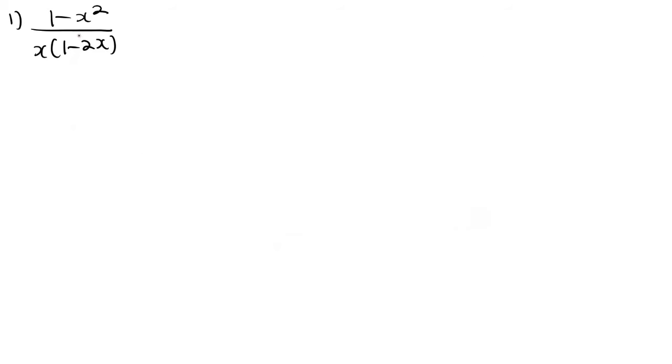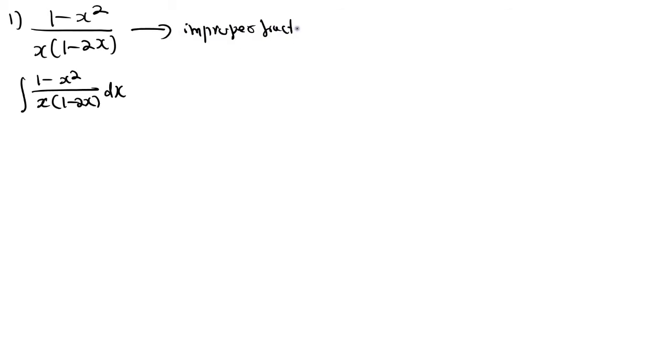See the first problem, (1 minus x square) divided by x into (1 minus 2x). Okay, you need to integrate this one. Integration of (1 minus x square) divided by x into (1 minus 2x) into dx. Okay, observe, it is an improper fraction, right?